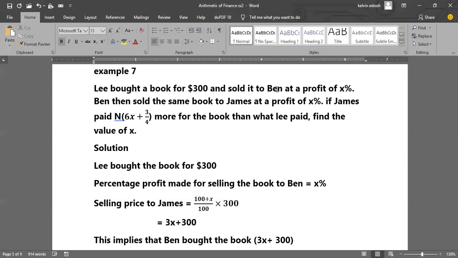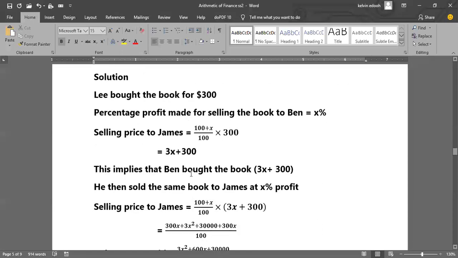We can calculate the selling price from that, because the selling price is the percentage increment times the cost price. Since the cost price is 100 and it increased by X, that gives us 100 plus X% of the cost price. So the expression will be this, which means the selling price is 3X plus 300.